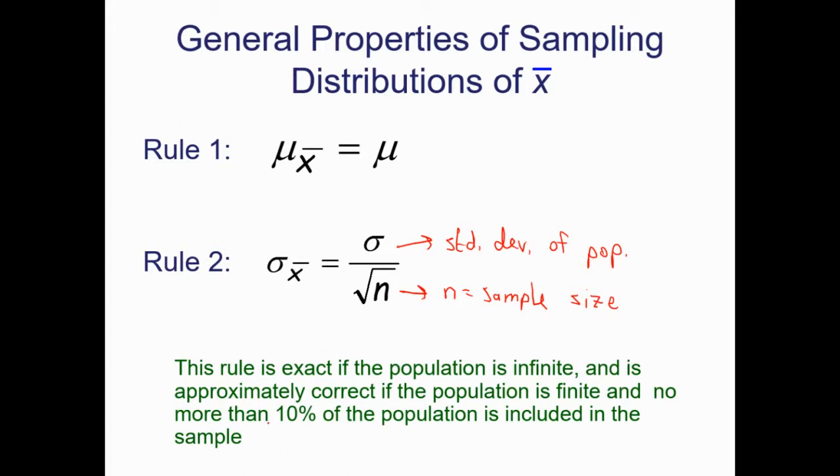So, for example, if our population, which is capital N, is 100, little n has to be less than or equal to what for this to be valid? Has to be less than or equal to 10 to be approximately correct.